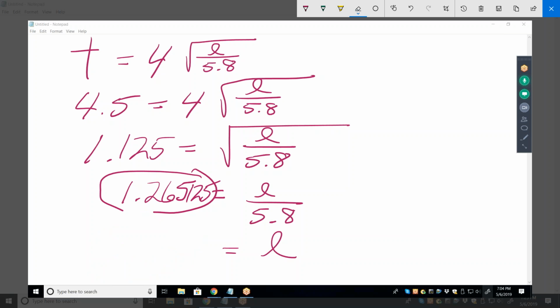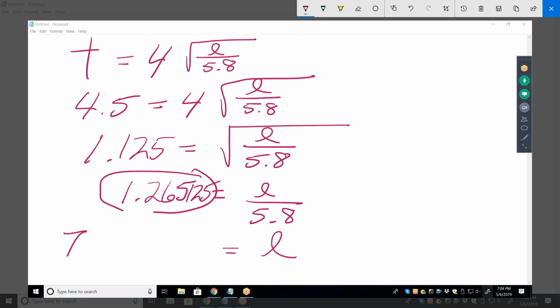In other words, go back and square 1.125. Don't read me the answer. Just take that answer and multiply it by 5.8. Now what do you get? In other words, take the unrounded one and multiply it by 5.8.